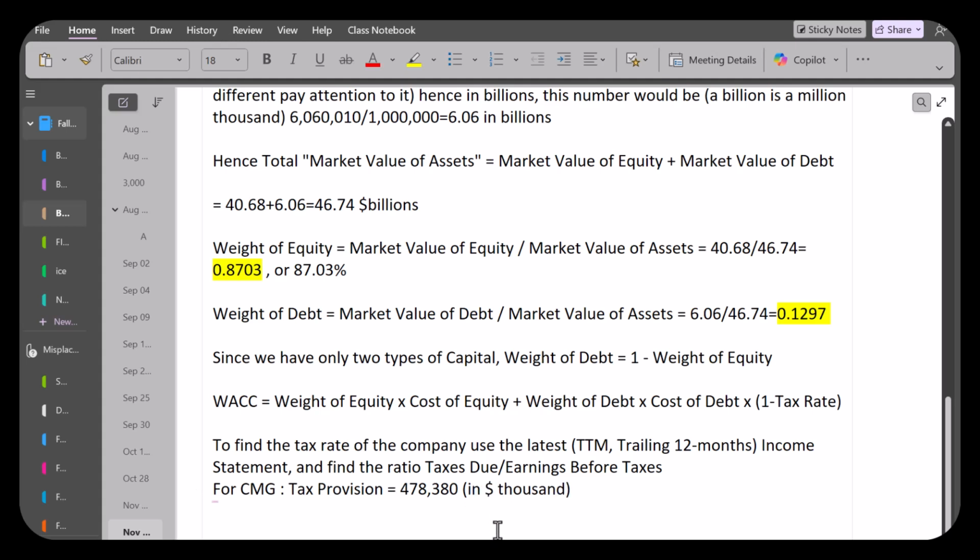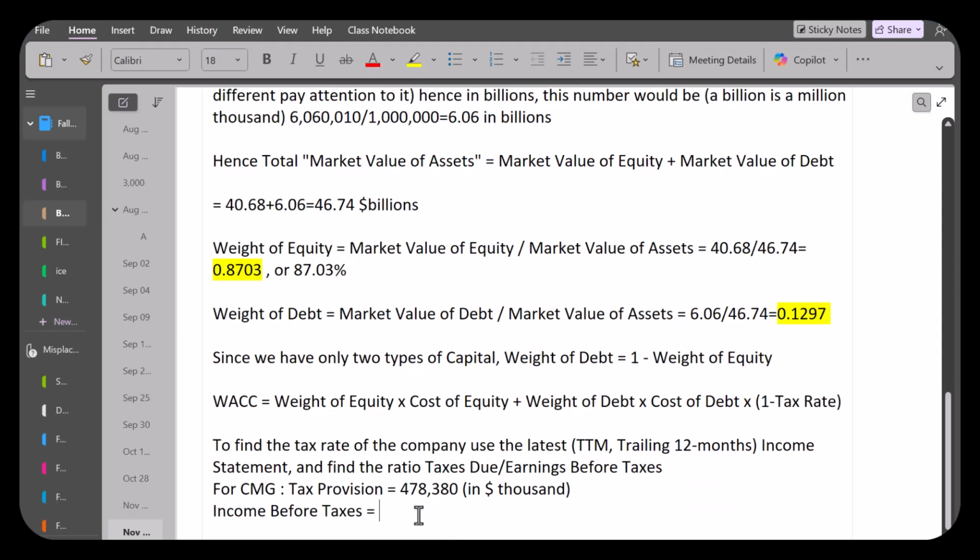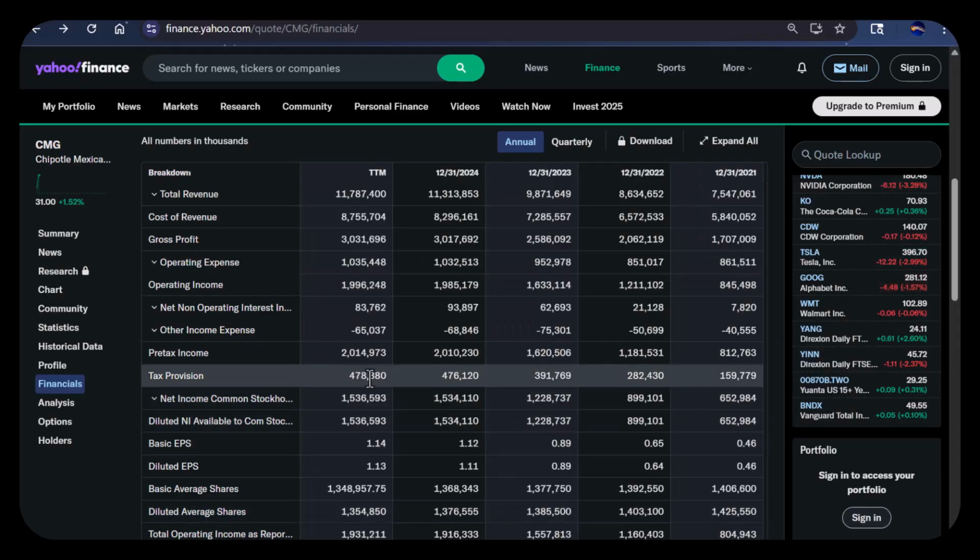$478 million. Income before taxes. Pre-tax income. Unfortunately, there is no one standard for that term, but you can figure it out from the context. 2014973.